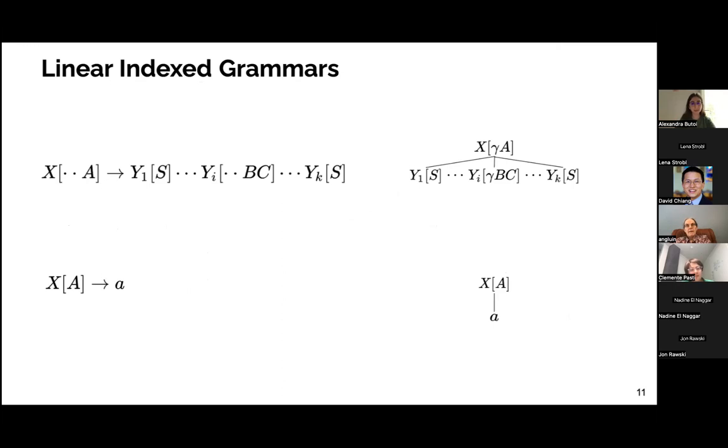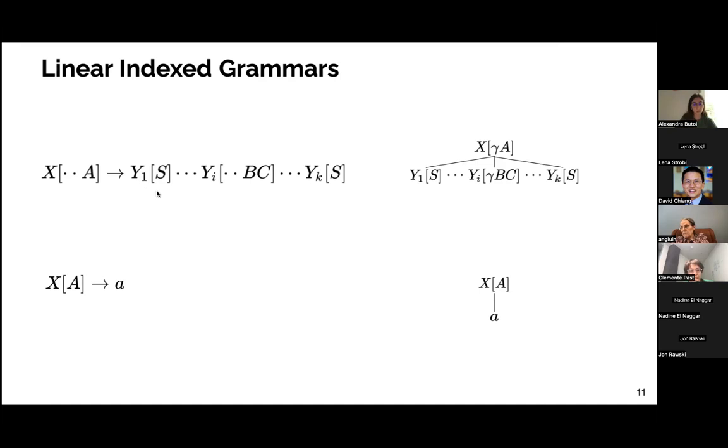And the last formalism that I'm going to talk about briefly is linear index grammars, which are very similar to context-free grammars, except each non-terminal has a stack attached. The rules look in general like this. I'm assuming a normal form here, and in the whole paper actually. On the left-hand side of the rules, you have a non-terminal and a stack with a symbol A on top.